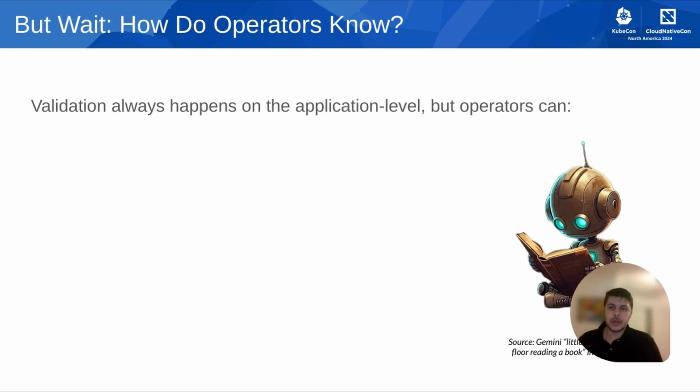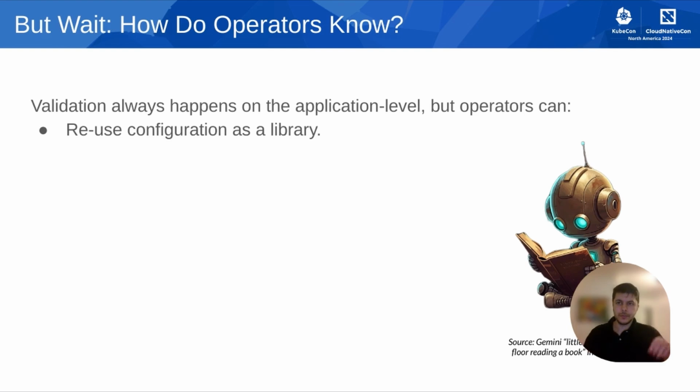First, let's talk about validation, right? So I mentioned that an operator can do validation on behalf of you. However, the actual validation always happens on the application level. So there's a sort of mismatch there, right? So you essentially have two applications who are both doing validation.